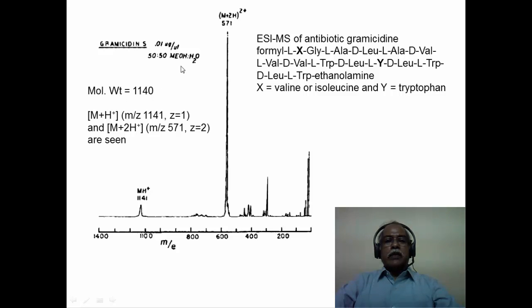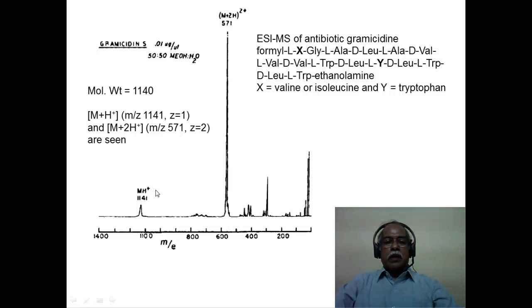So the ESI-MS was done using a 50-50 mixture of methanol water mixture, and there are two types of ions that are produced under this condition. One is the molecular weight plus a proton, which corresponds to 1141. Then molecular weight plus two protons, which will be Z is equal to 2, so that would correspond to an M by Z value of 571.